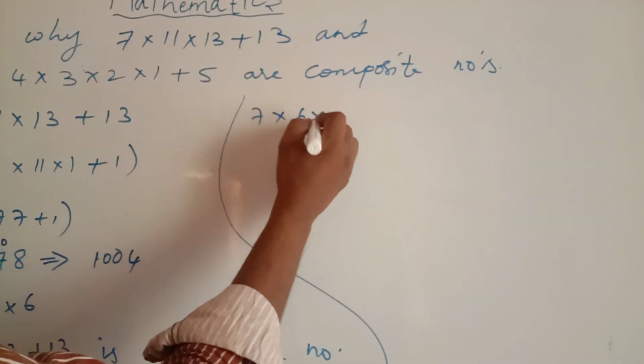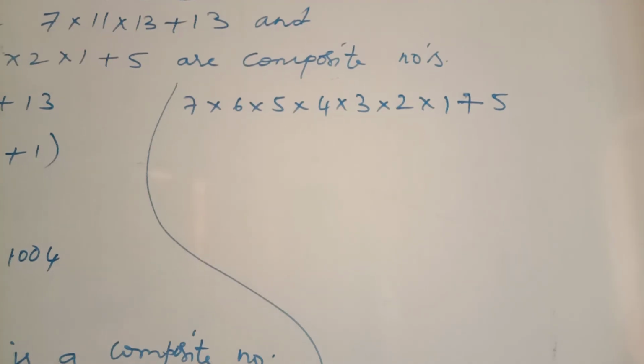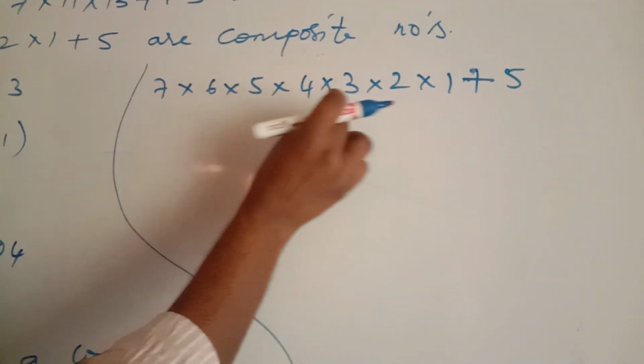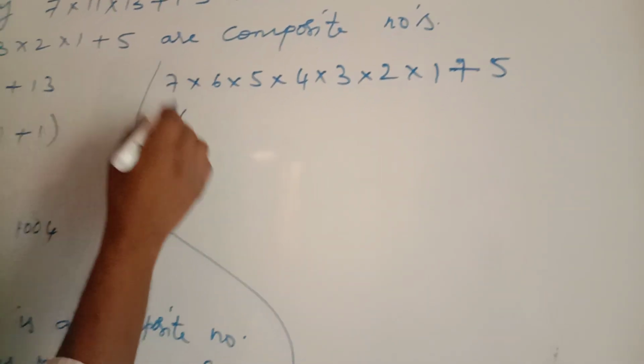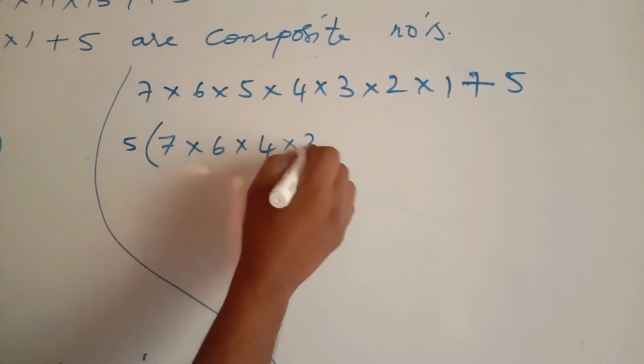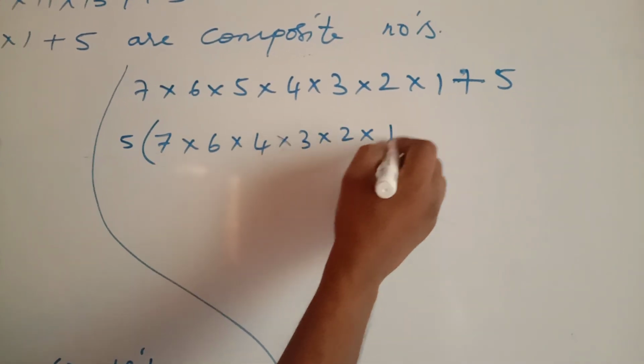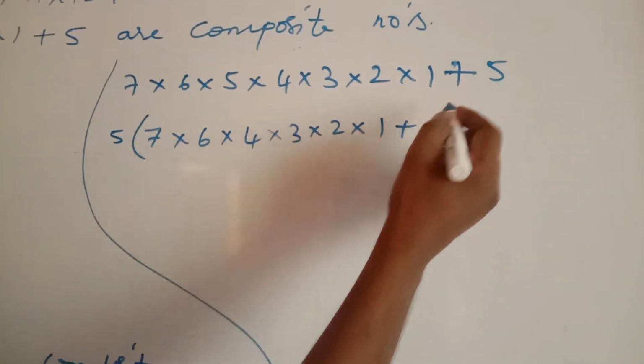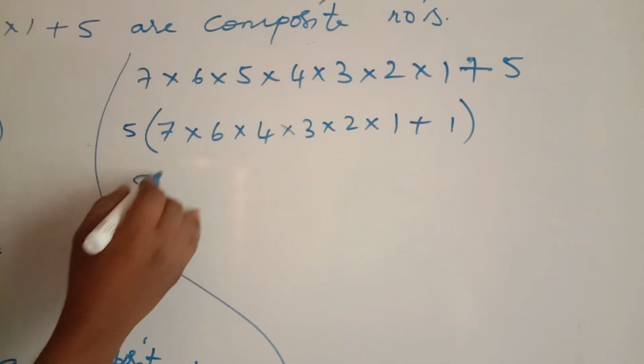Now 7 into 6 into 5 into 4 into 3 into 2 into 1 plus 5. You can take 5 common because in this also you have 5. Taking 5 common, 5 into (7 into 6 into 4 into 3 into 2 into 1 plus 1).